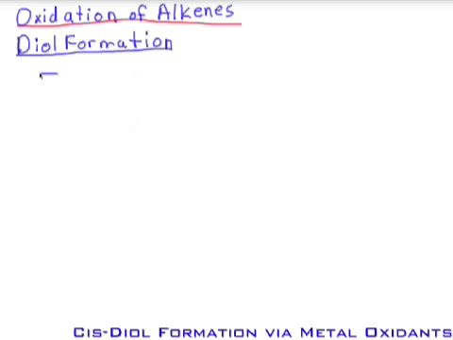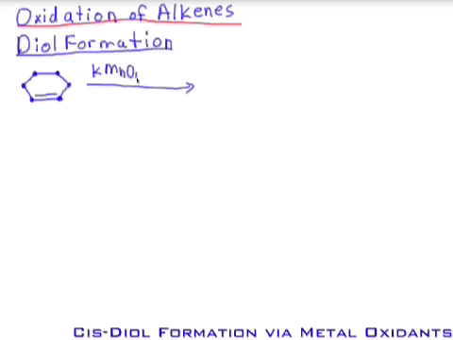So if I take an alkene like cyclohexene, I'll put dots here just so you can tell it's a cyclohexene. Those are my carbons. And I react this with KMnO4.